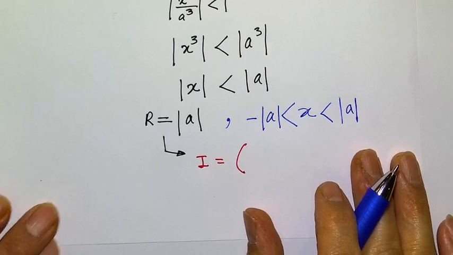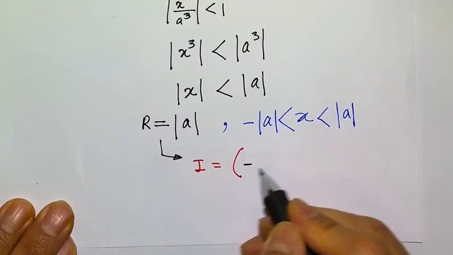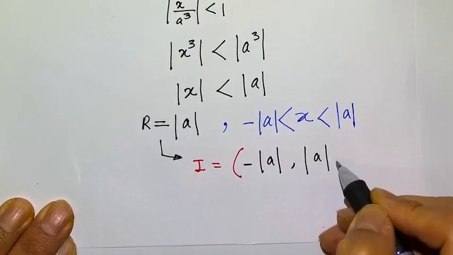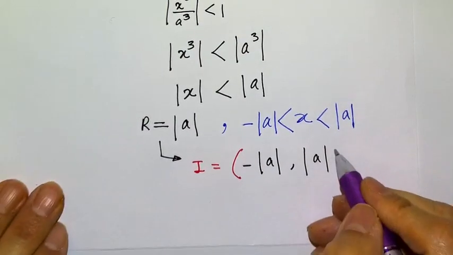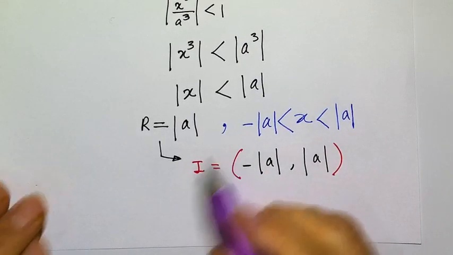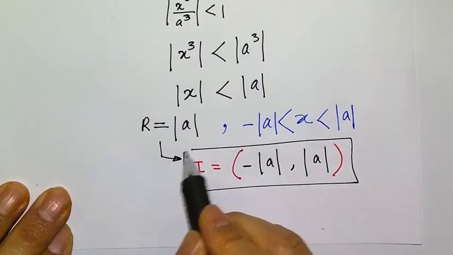Okay, so let's put that here. We have minus absolute value of a, comma, positive absolute value of a, like that. All right. Here's the interval of convergence.